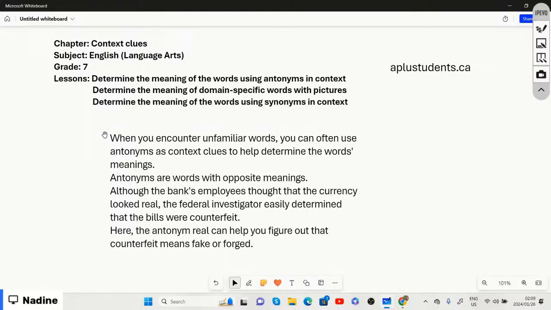All right. So we said, although the bank's employees thought that the currency looked real, the federal investigator easily determined that the bills were counterfeit.